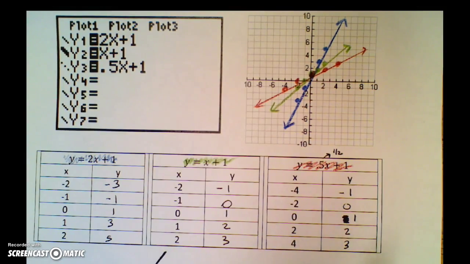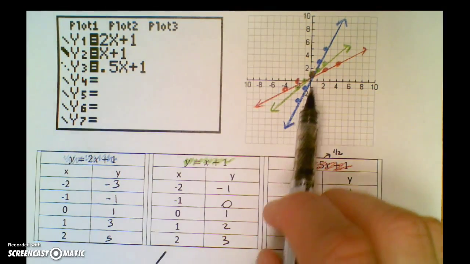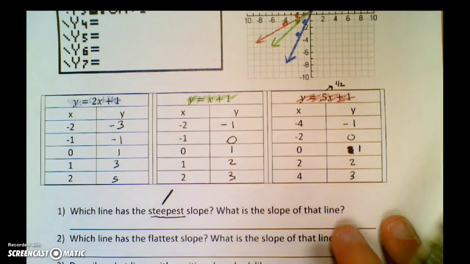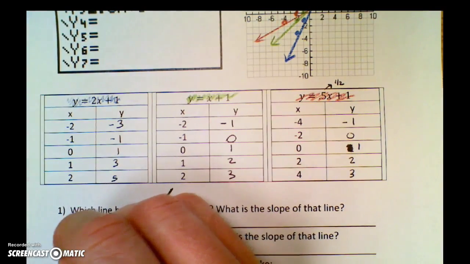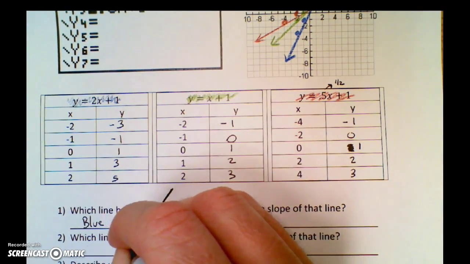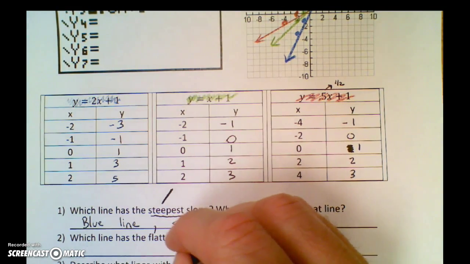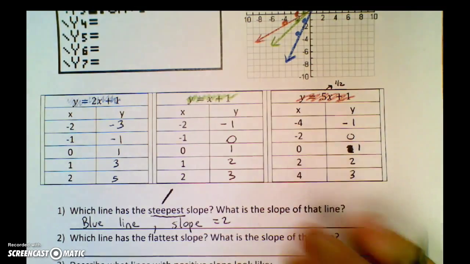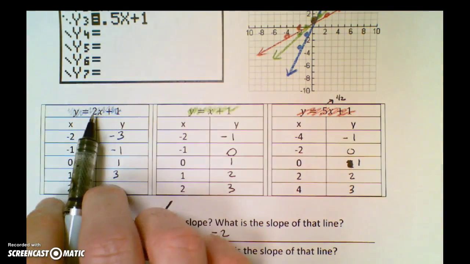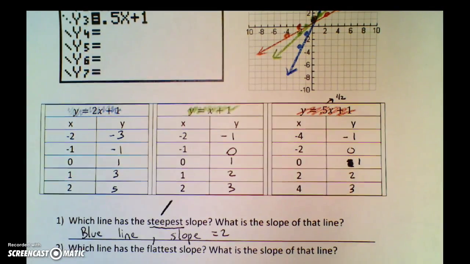That is the hardest one to go up, based on its trajectory. So the blue line, and the slope in that line is 2. If we look at the equation, the slope there is 2.